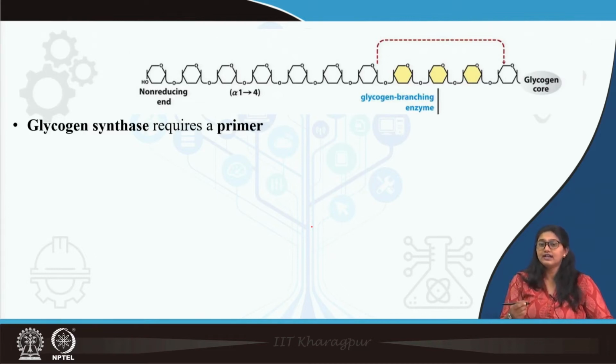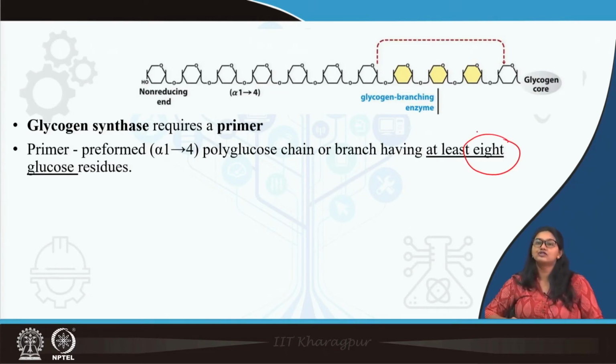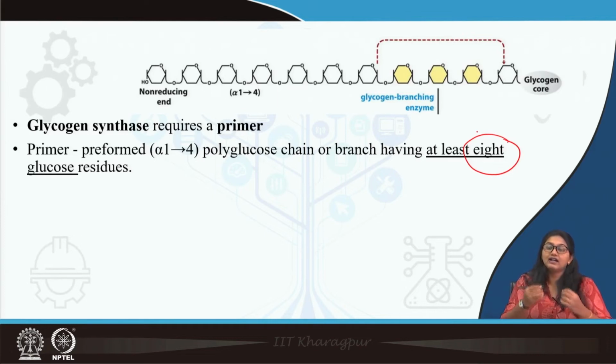So, it needs a primer made of a preformed polyglucose chain, whose glucose molecules are attached by alpha 1,4 glycosidic bond, a preformed chain or branch having at least 8 glucose residues. Over that, glycogen synthase can act.